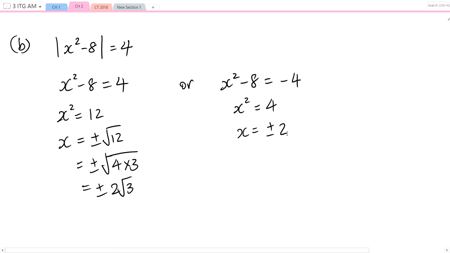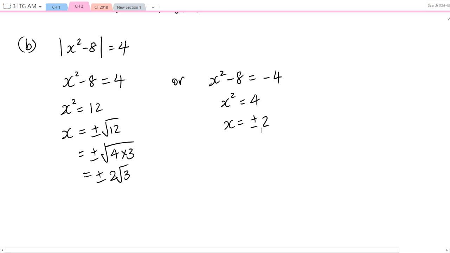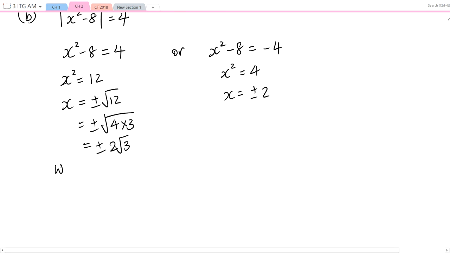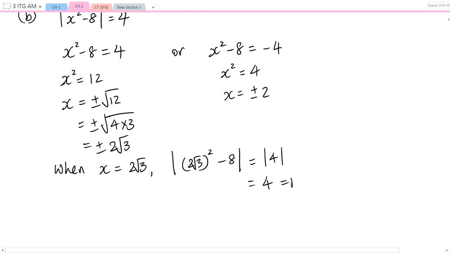Here we've got 4 different answers, and we need to test all of them. Okay, so when x equals 2 square root 3, I will have 2 square root 3 squared, minus 8, which gives me modulus of 12 minus 8, which is modulus 4, which is 4. So equal to the right hand side.